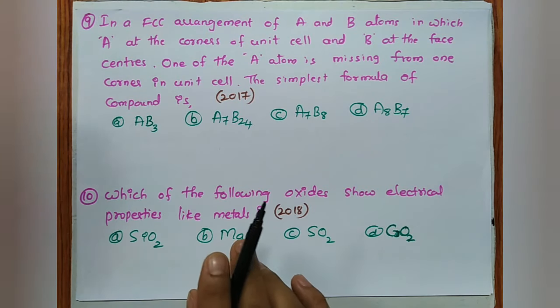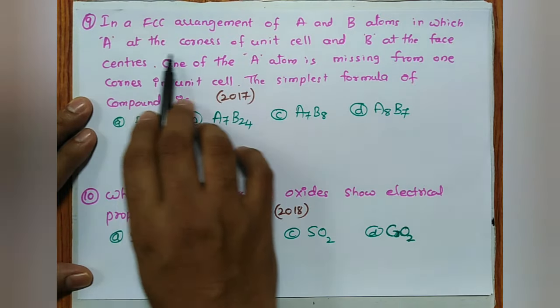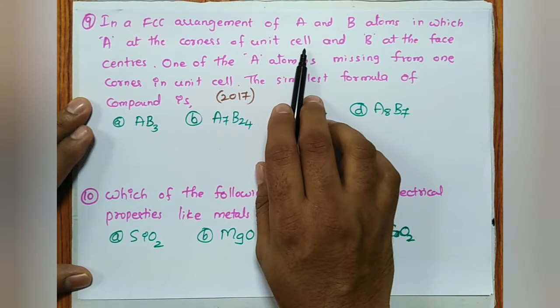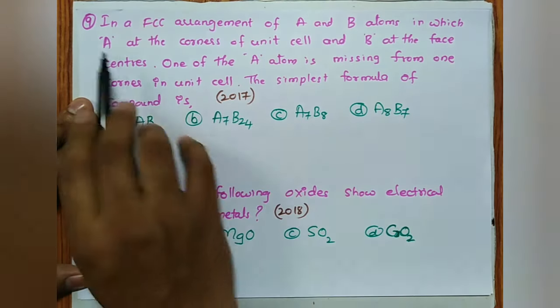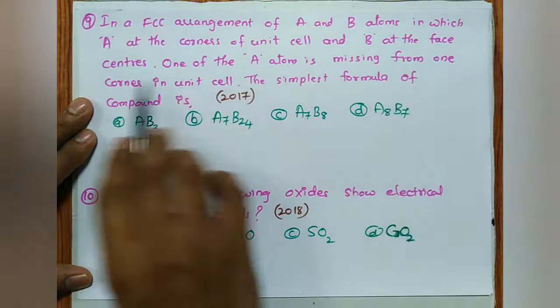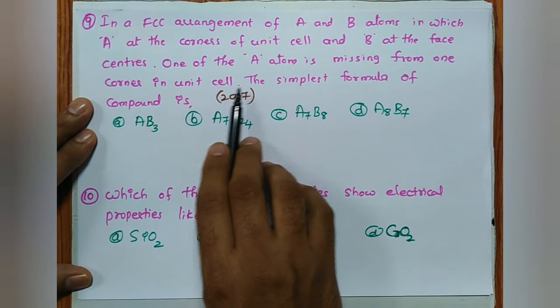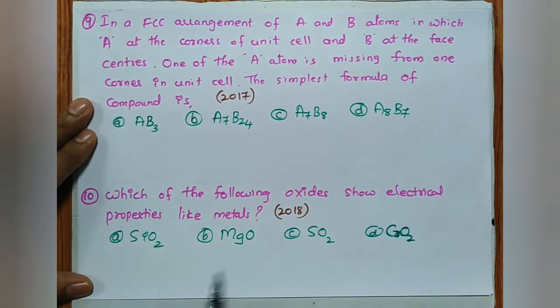Then the 9th one: in an FCC arrangement of A and B atoms in which A are at the corners of the unit cell and B at the face center. Just imagine A at the corner, B at the face center. One of the A atoms is missing from one corner in the unit cell. The simplest formula of the compound is? So one corner atom is missing.